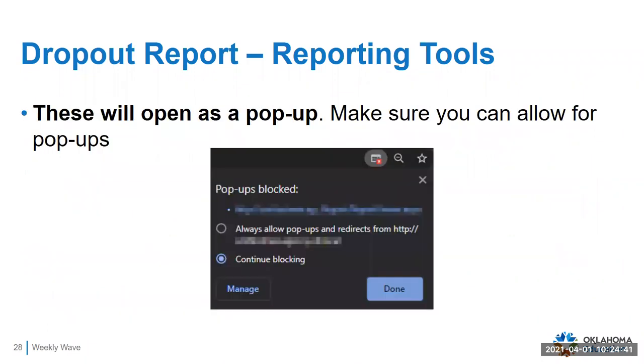And these will open as a pop-up, so make sure that if you have a pop-up blocker on in your browser, you allow pop-ups from the Wave so you can view those reports.